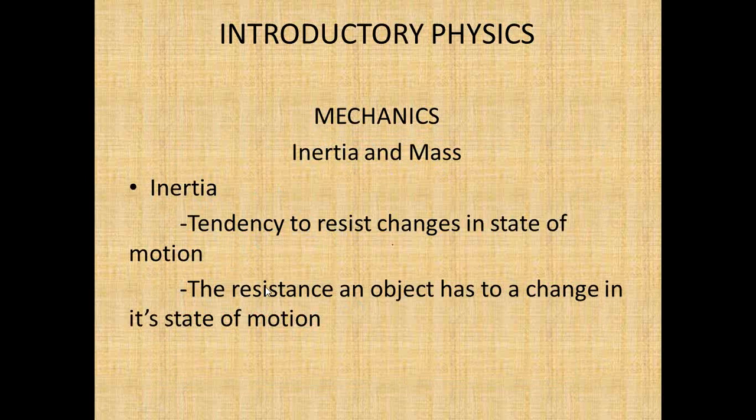So inertia is the tendency to resist changes in state of motion, or another way to describe it, the resistance an object has to a change in its state of motion. The more inertia it has, the more it's going to resist change in its motion. The less inertia an object has, the easier it is to change its state of motion.